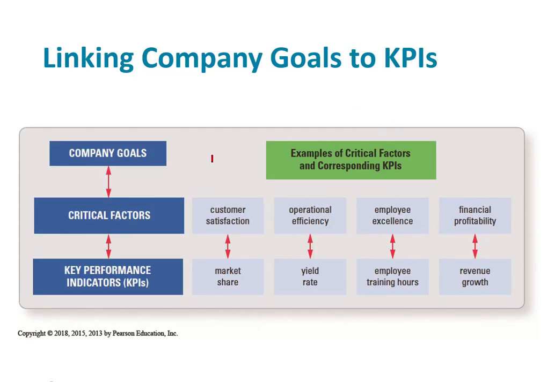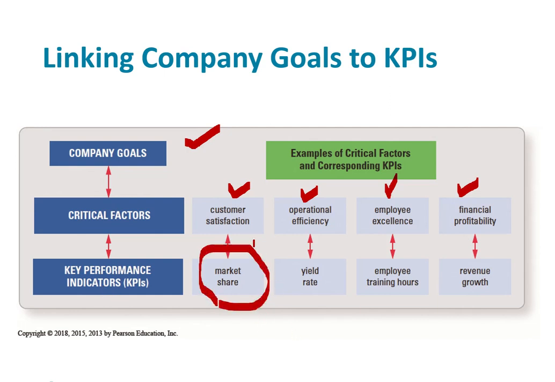When we link the company goals to the KPIs, notice these match up with those four different perspectives of the balanced scorecard. So now we're going to say, okay, customer satisfaction. What would be a key performance indicator? Well, market share.